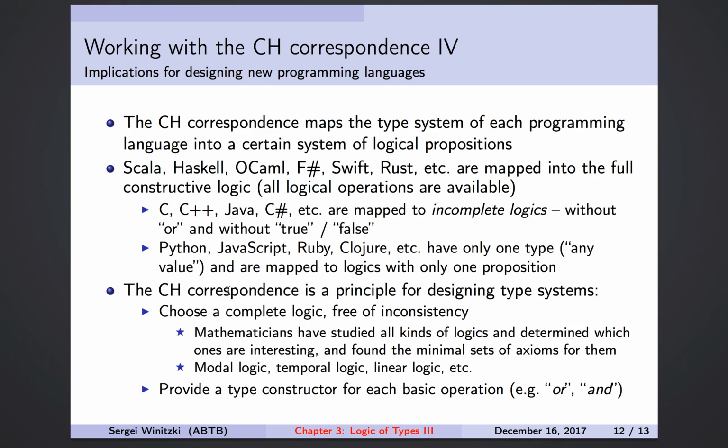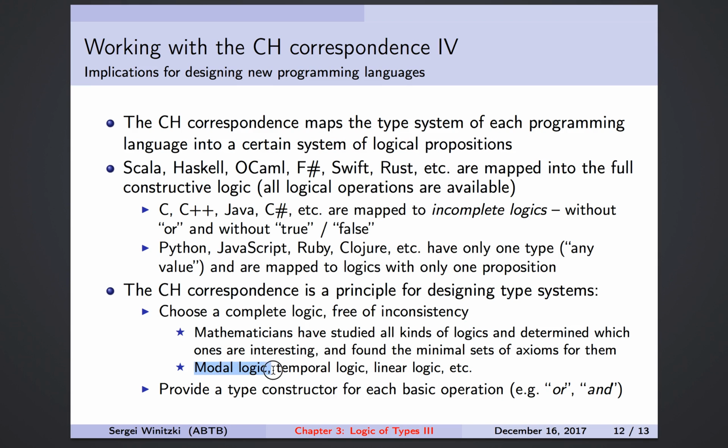So the mathematical design principle is that mathematicians have studied logics for a long time. They found interesting logics, and they found a minimum set of axioms for them. Let's use that. Choose one of the logics that mathematicians have found, and they found a bunch of them.